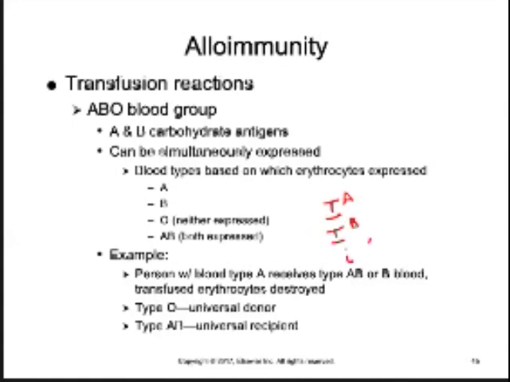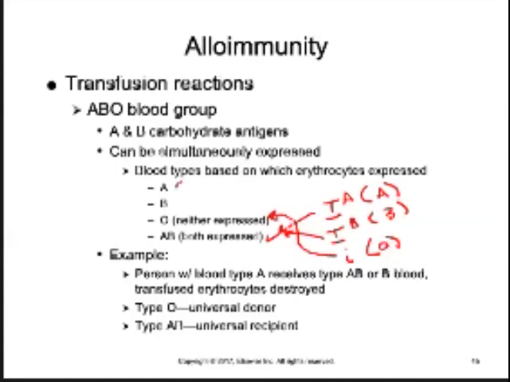Little i is for O, IA is for A, and IB is for B. IA and IB are codominant to each other, meaning if you have one of each, you're going to have AB. O is recessive to both A and B, so the only way you get O is to have two O alleles, one from mom and one from dad.